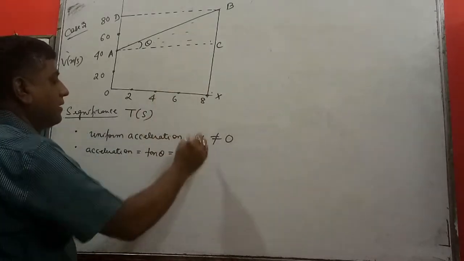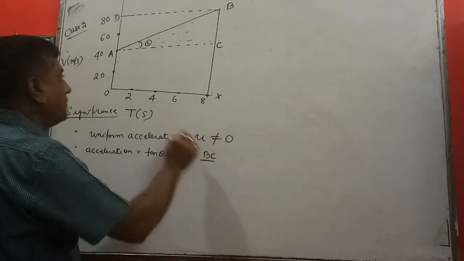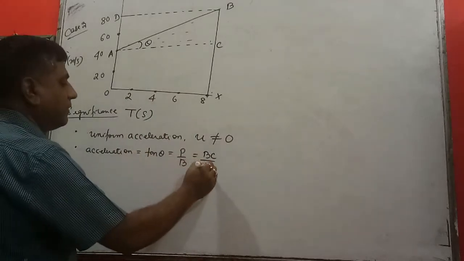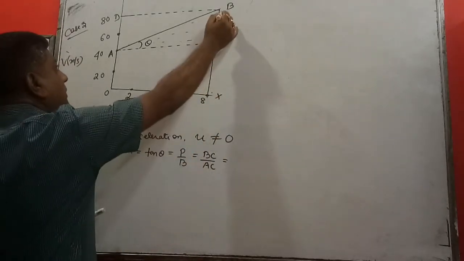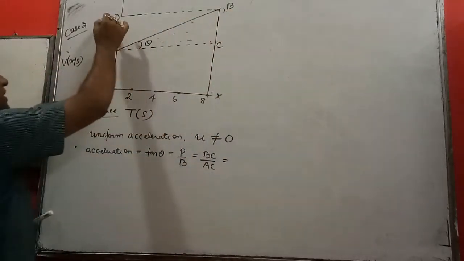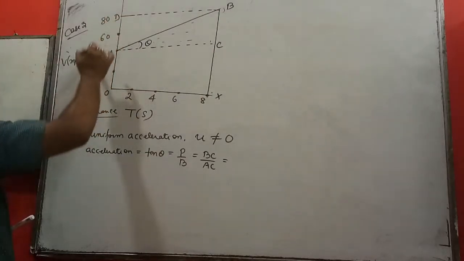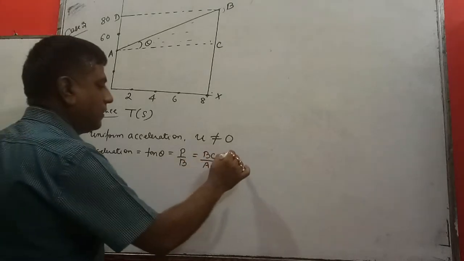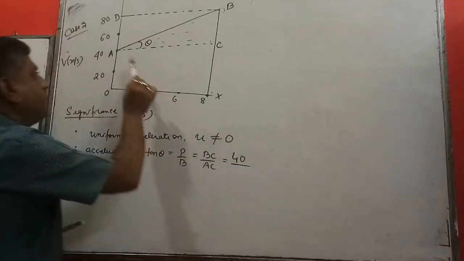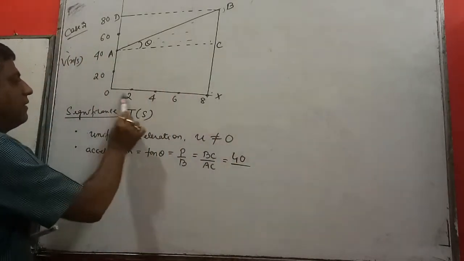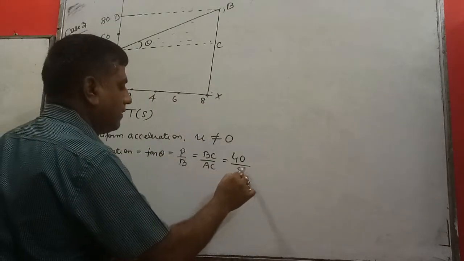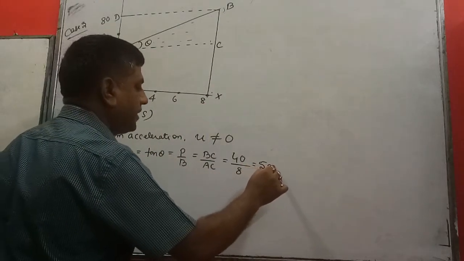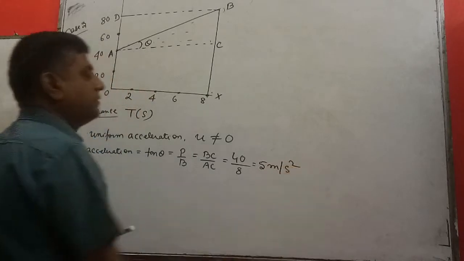What is perpendicular here? BC. What is base here? AC. Now children, what is the value of BC? This is 80 and this is 40. 80 minus 40, how much? 40. And time, AC, is 8. So 5 meter per second square.